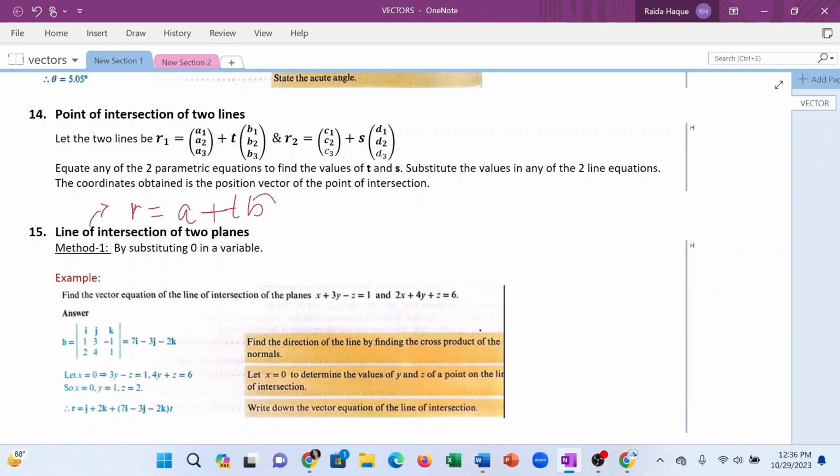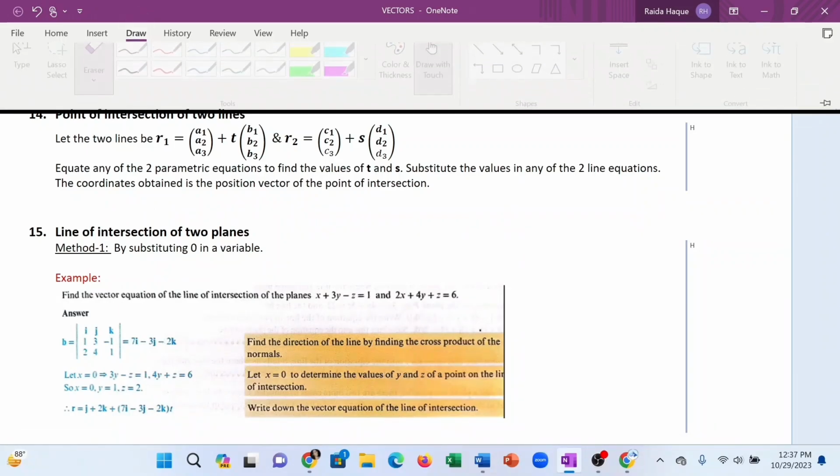So how to find b? b will obviously be perpendicular to both the planes, right? So if this is plane 1 and this is plane 2, the line at which they intersect is obviously perpendicular to both the planes' normals. So to find that, you need to do the cross product, and after the cross product, you get the direction vector b.